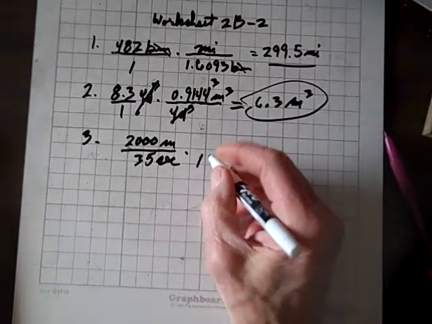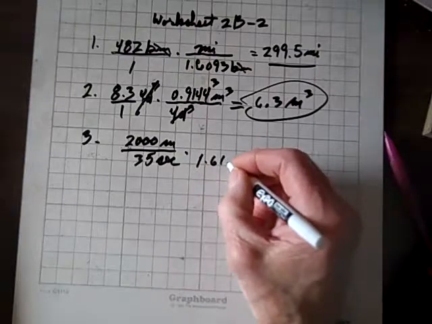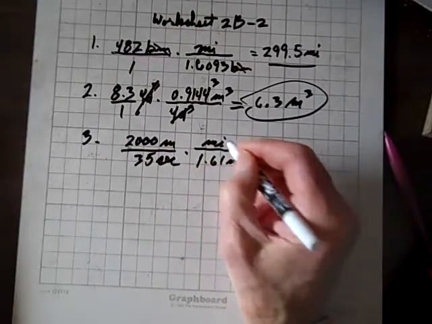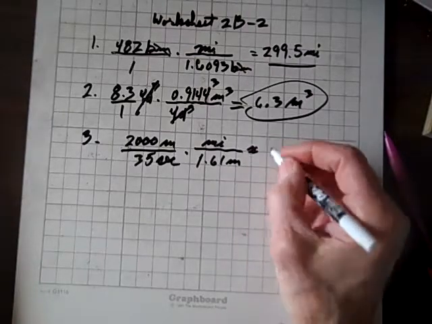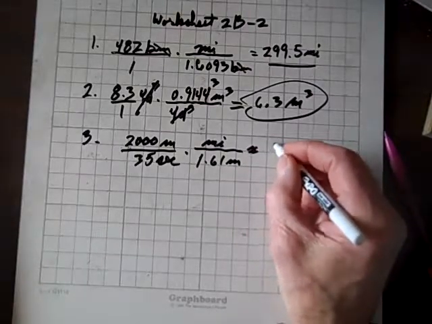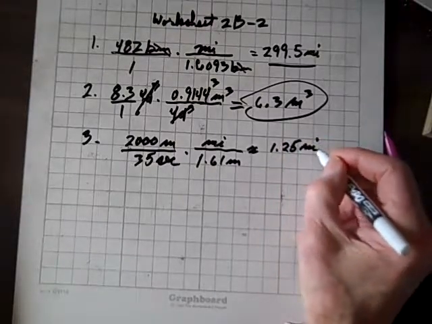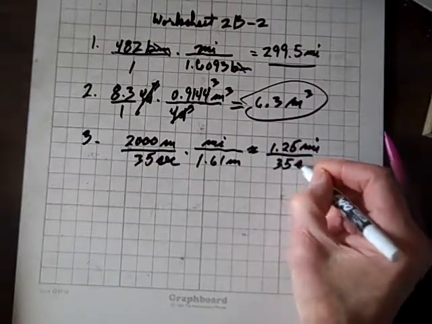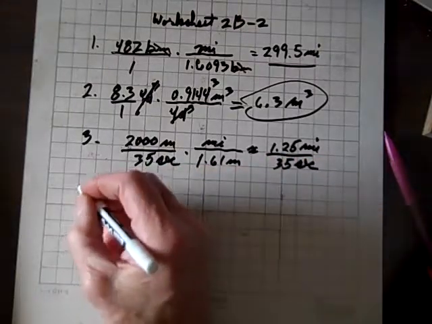So I'm going to round our previous figure and just say there's 1.61 meters per mile. And now that equals approximately 1.25 miles per 35 seconds. And that's impossible. So no, it doesn't make any sense.